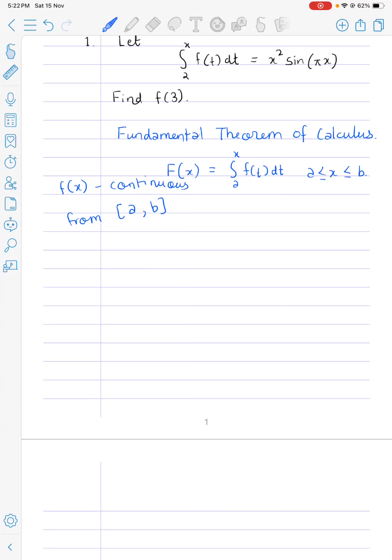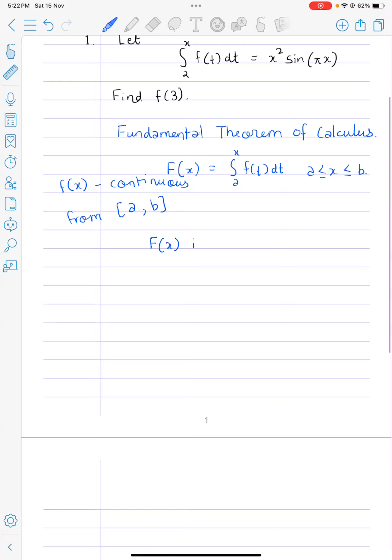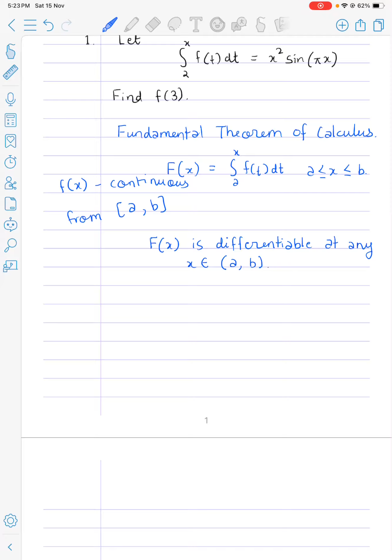If such things happen, then F(x) is differentiable at any x, and it is given by F dash of x is equal to f(x).